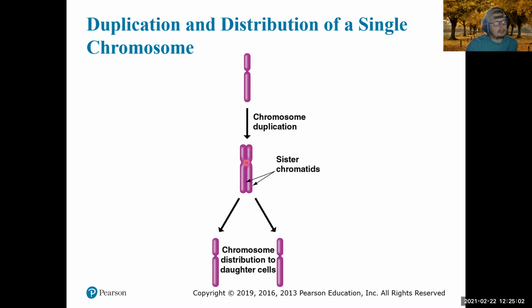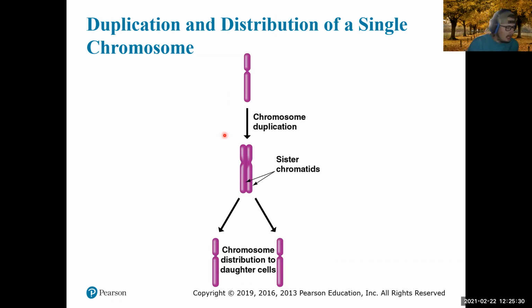And the sister chromatids are joined at the waist here. Okay, so that's the centromere. And once they go through the process of cell division, again, it can be mitosis or it could be meiosis two, the sister chromatids are separated from one another. And then they end up being individual chromosomes that are genetically identical to that original parent chromosome.